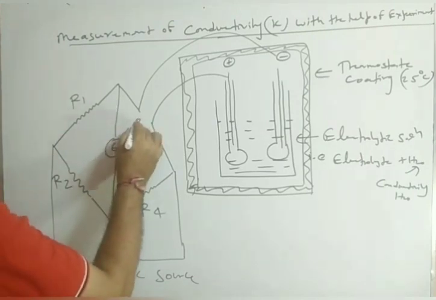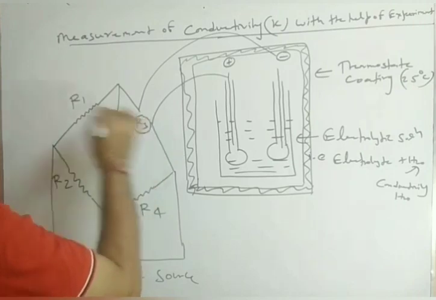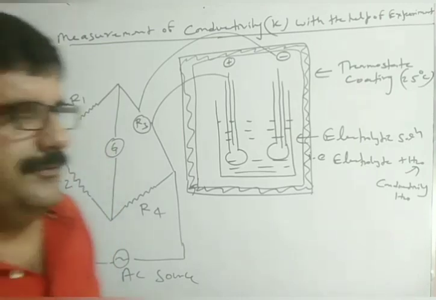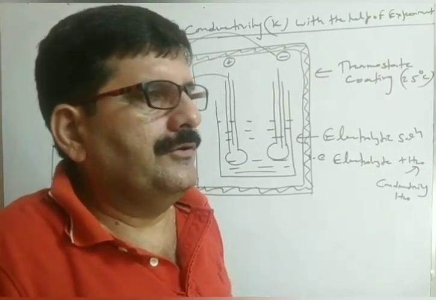First we find out resistance R3 with the help of R1, R2 and R4. Such resistances are adjusted in such a way that the deflection of the galvanometer becomes equal to what? 0.